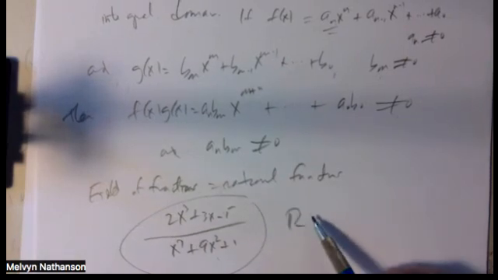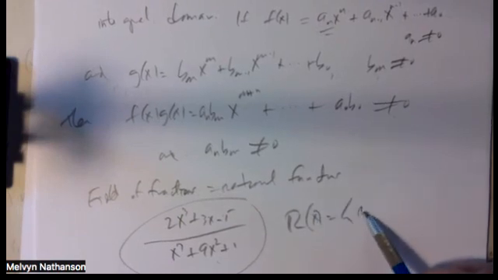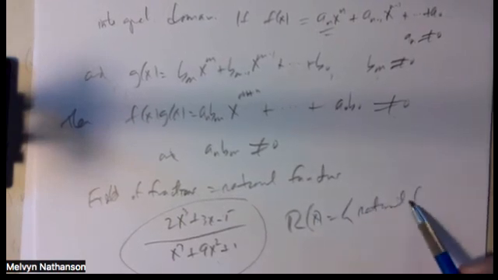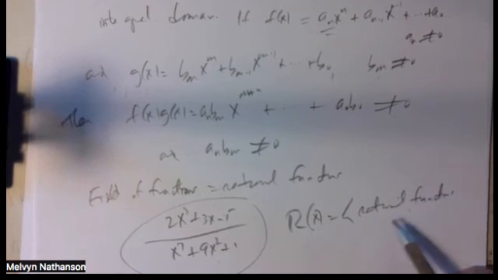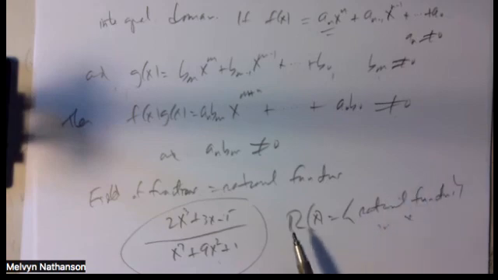And this is the field. We usually write this as R(x). It's all rational functions in x. So the field of fractions of polynomials is the field of rational functions.